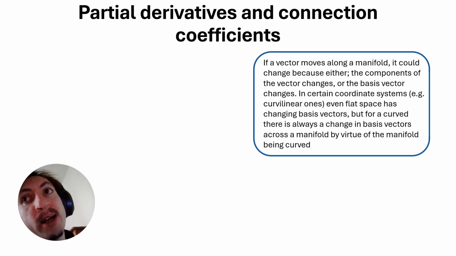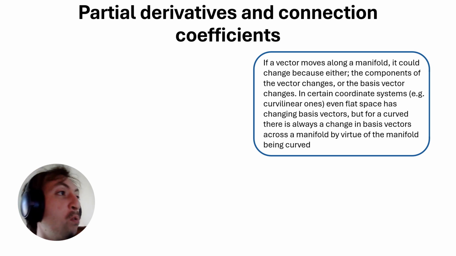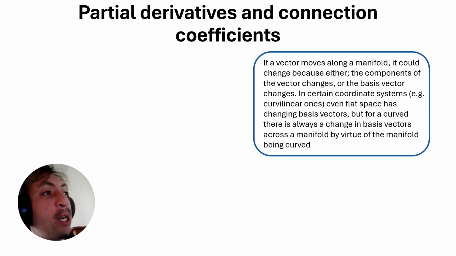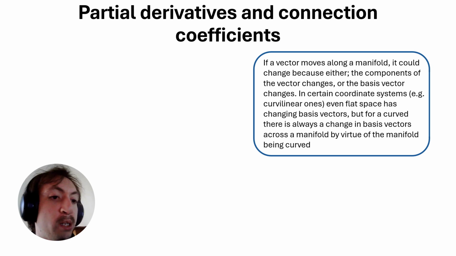Now, in flat space, we can still have a coordinate system like you do in plane polar coordinates, where the basis vectors change. However, when we're dealing with curved manifolds, that's a necessity. It's not optional.